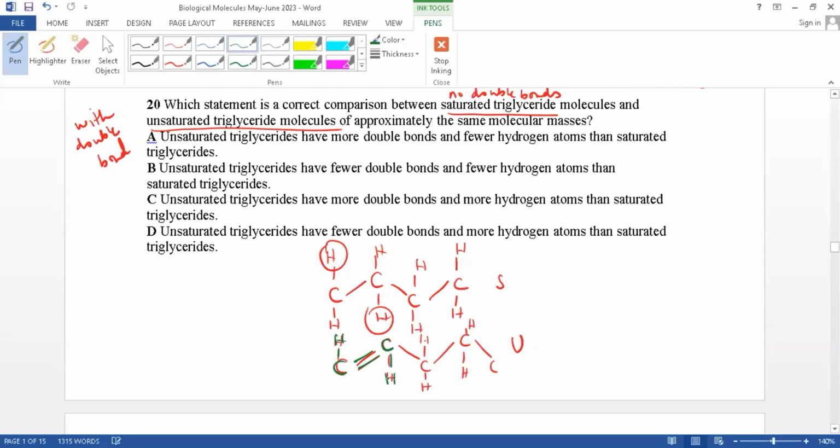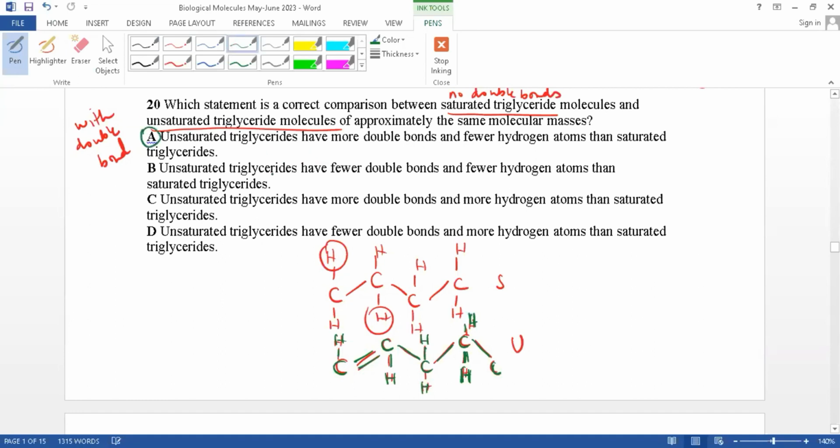So you can see 2 of the hydrogens are reduced. There are fewer hydrogens in unsaturated as compared to saturated, because carbon is already double bonded. So they are saying unsaturated triglycerides have more double bonds and fewer hydrogen atoms. Then that is absolutely correct.